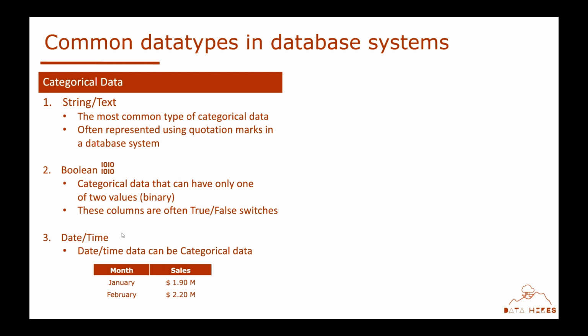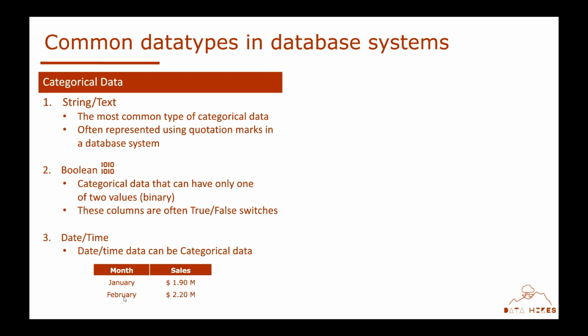The third one is date time. Date time can be categorical data. Now I'll say why I say can be here when we look at the numerical data side of things. But for now, you can understand that date can be categorical data because date has many components. Date time has day, month, year, hours, minutes, seconds.